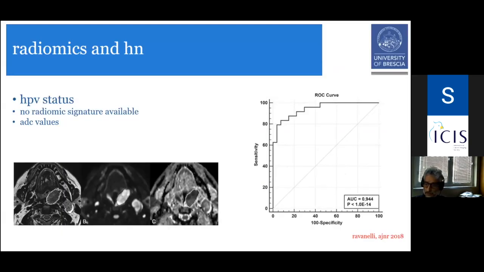HPV status. This application has been studied in different works in the literature. I'm not aware of any radiomic signature available. We also tried to test this hypothesis in a work that we published in 2019 in my institution.